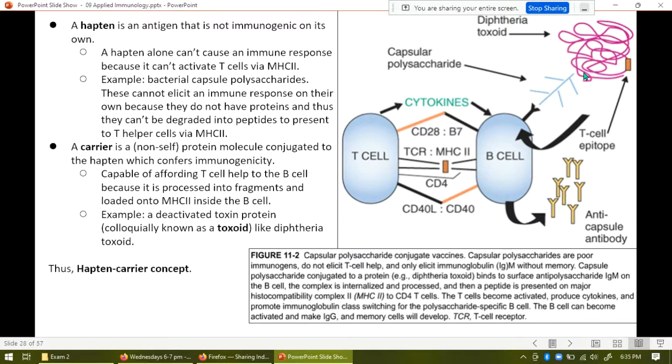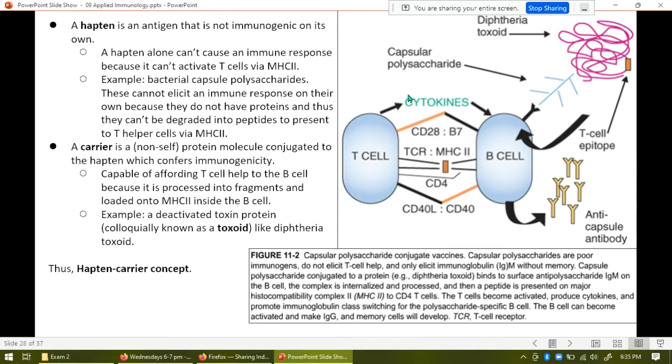So they took the protein, they added it onto the polysaccharide, and the protein contains T cell epitopes that the B cell is going to take up along with this whole complex, and then it's going to shred the protein and the carbohydrate into little tiny pieces, and load all the peptides into MHC2. And it's going to present those MHC2 molecules and that T cell epitope to a T helper cell.